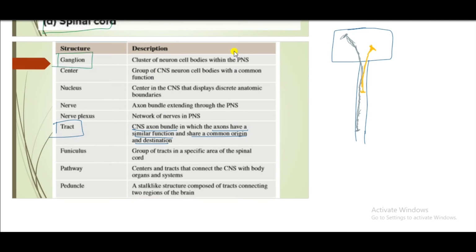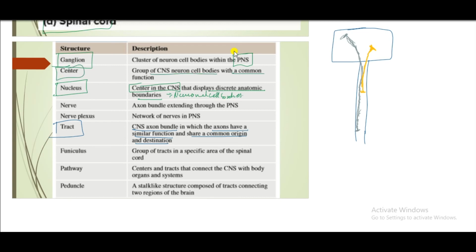Okay, we can discuss about this one. Ganglion. Ganglion is a cluster of neuronal cell bodies within the peripheral nervous system. So the nucleus is the center in the central nervous system that has discrete anatomic boundaries, and it is a collection of neuronal cell bodies.